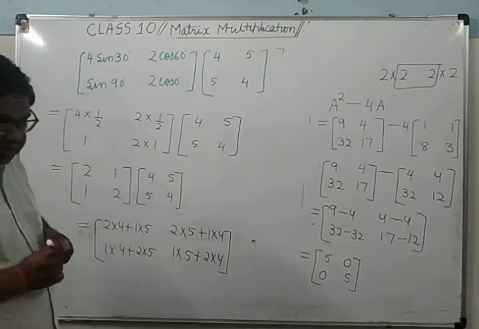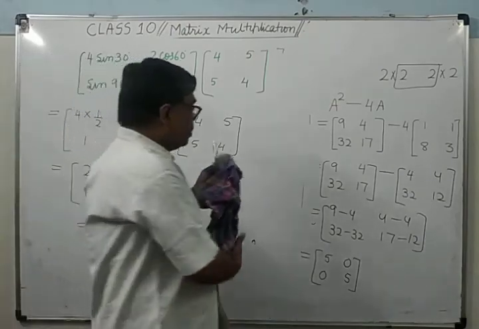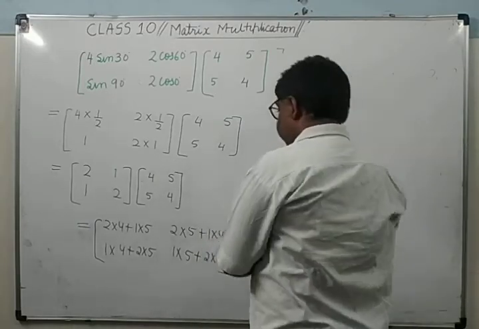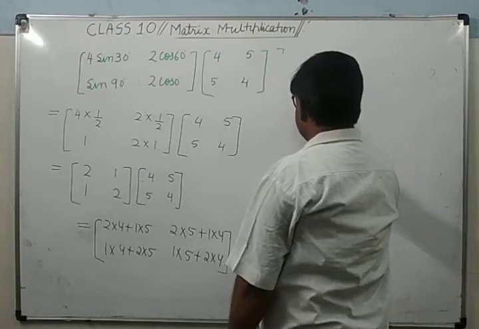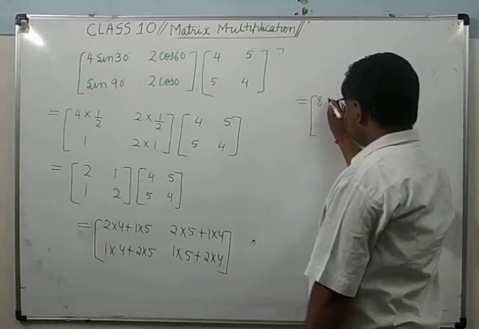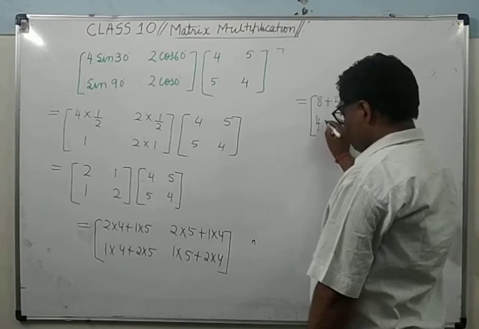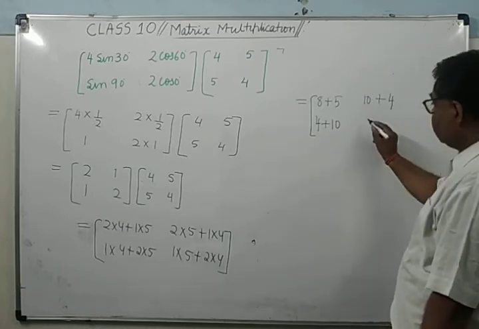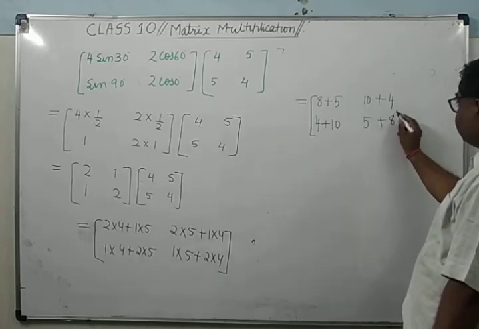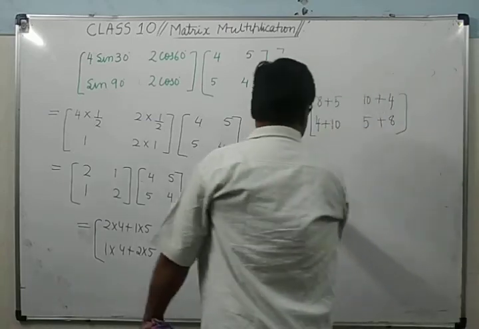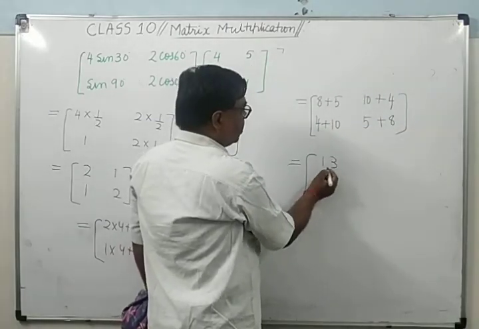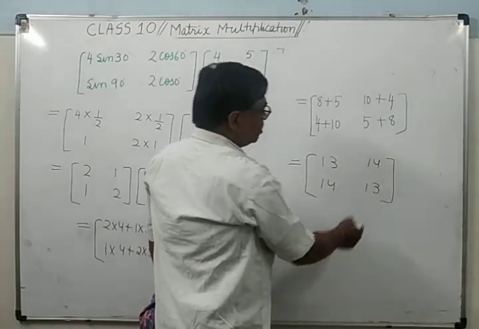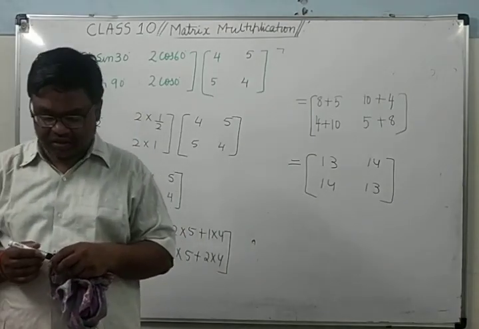On simplification, you get 8 plus 5, 10 plus 4, 4 plus 10, 5 plus 8. So on further simplification, it gives [13, 14; 14, 13]. This will be the answer.